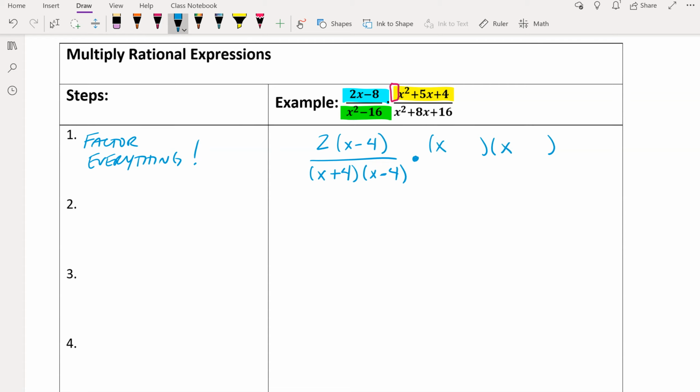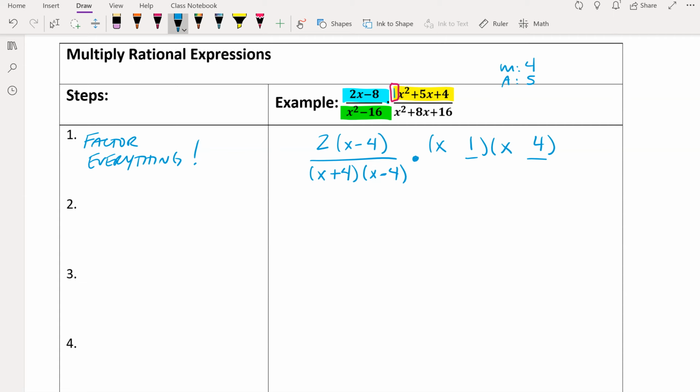The numbers that go here multiply to a times c, so multiply to 4, and add to the b value, which is 5. We're looking at multiplying to 4 because it's 1 times 4 and adding to 5. So what numbers multiply to 4 and add to 5? Well, that would be 4 and 1.